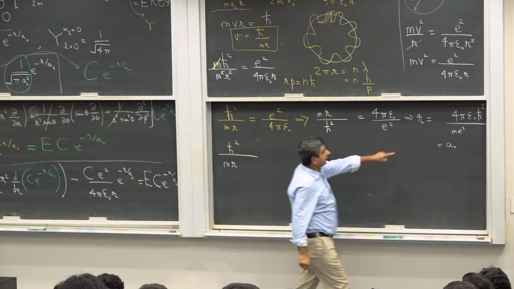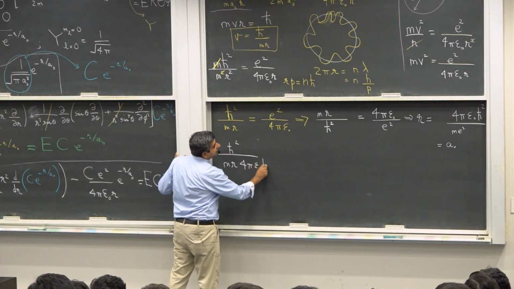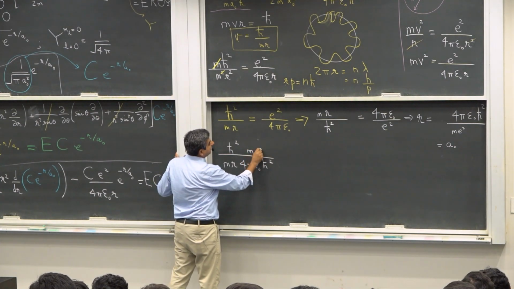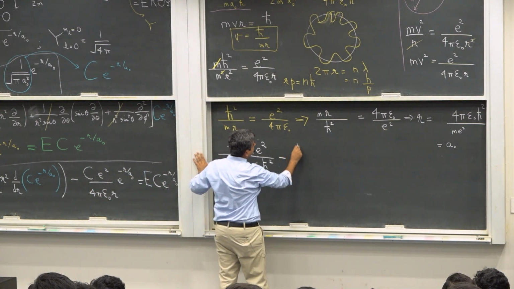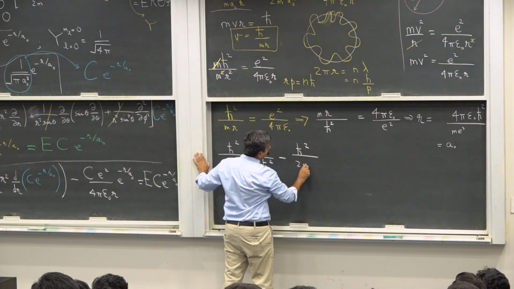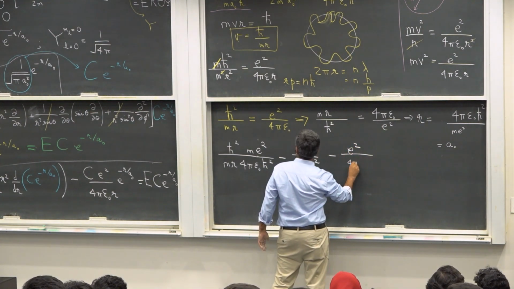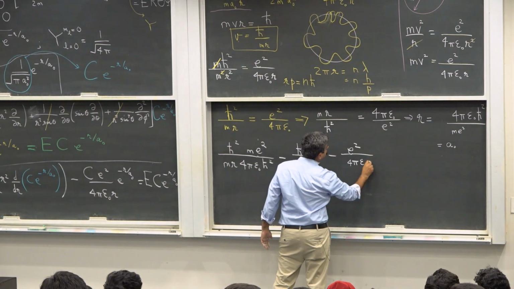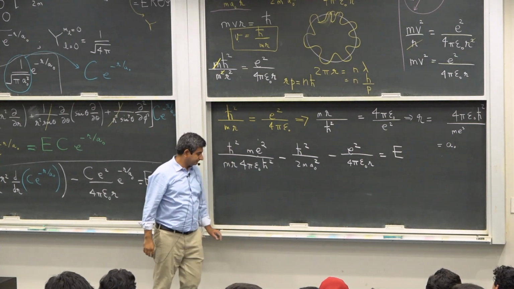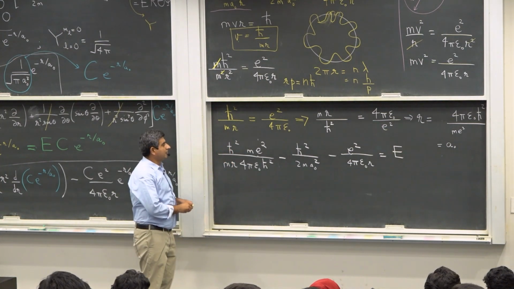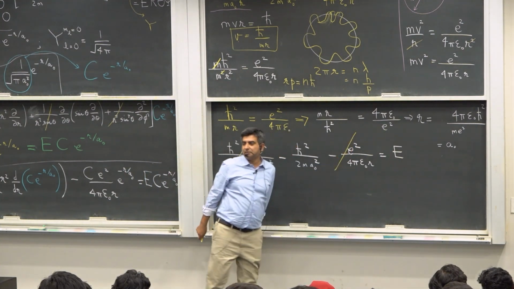Now my a naught is this thing, 4 pi epsilon naught h bar squared over m e squared, minus the second term, h bar squared over 2m a naught squared, minus e squared over 4 pi epsilon naught r, equals the energy. Luckily, this term equals this term. They cancel out.